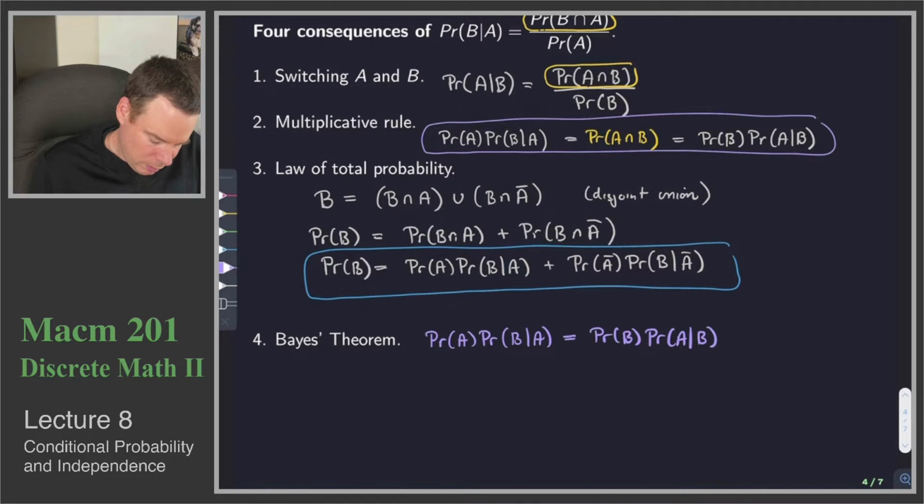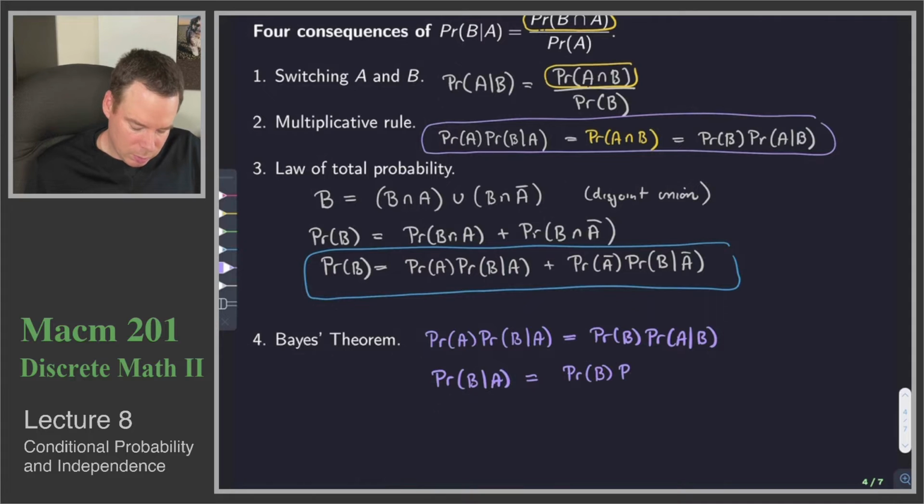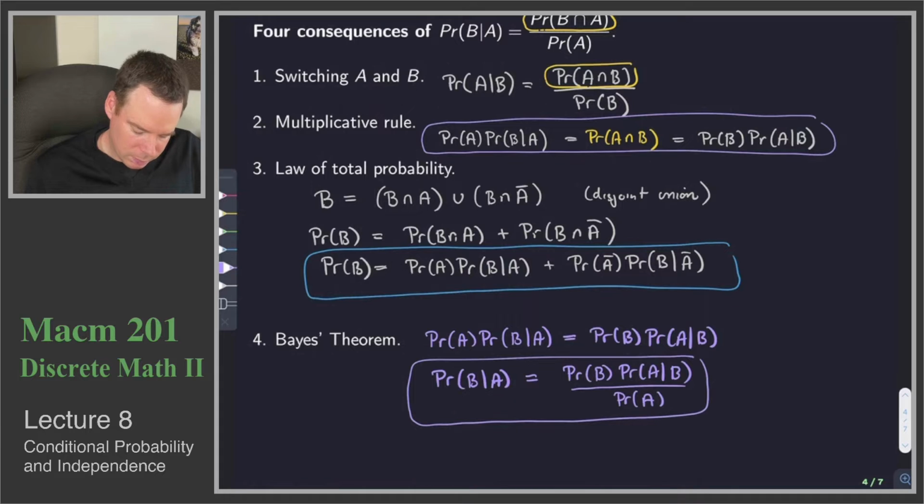Now, if we go ahead and solve for the probability of B given A by just dividing both sides by the probability of A, then what we get is that it's equal to the probability of B times the probability of A given B divided by the probability of A. And this is known as Bayes' theorem.